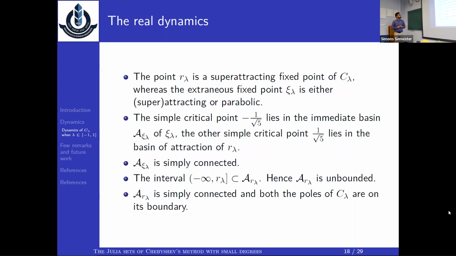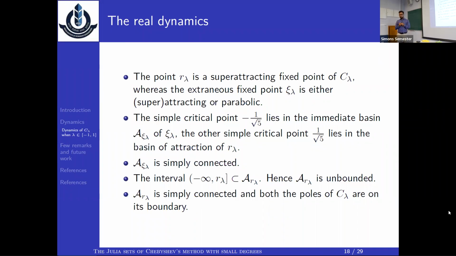So we'll see the real dynamics. On the real line, there will be r lambda as well as xi lambda. r lambda is a super attracting fixed point of C lambda, and xi lambda will be either attracting or parabolic.